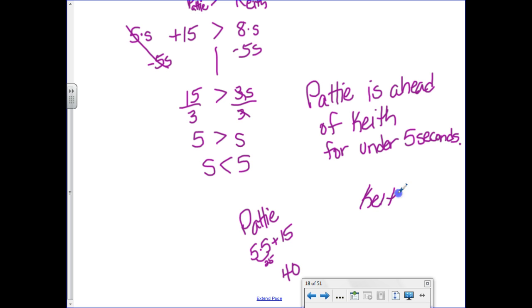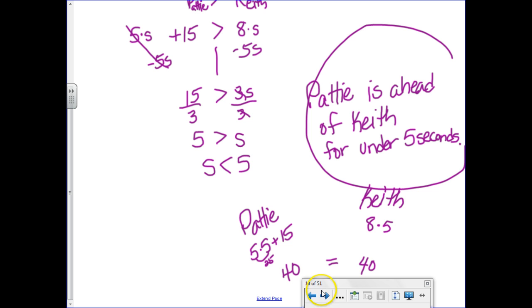Keith, at exactly 5 seconds, was running 8 feet per second times 5 seconds. He's at 40. So see, at 5 seconds, they're exactly equal. After that 5 seconds, Keith is going to continue on and he'll be ahead of her. So before that 5 seconds, or under the 5 seconds, that's when Patty is ahead.